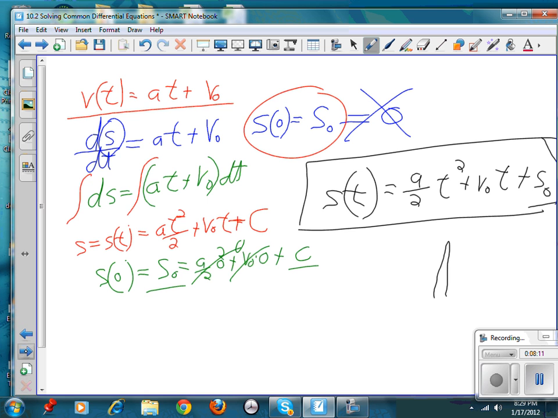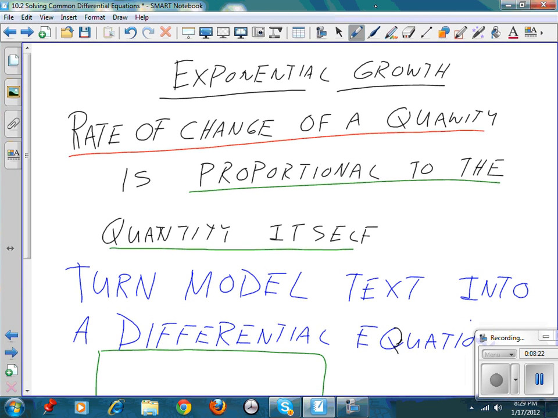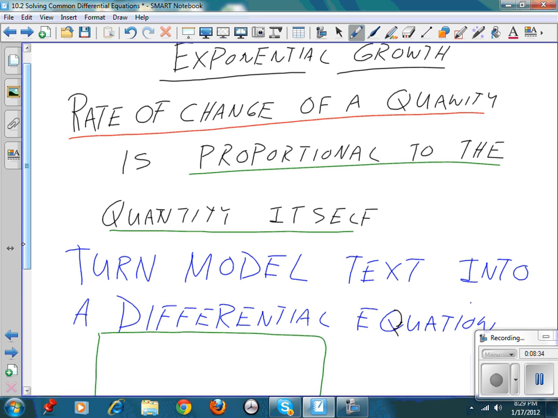Okay, the next thing we'll look at is exponential growth. And here we go. Exponential growth. Here I'm going to give you a verbal description of a differential equation. Exponential growth: the rate of change of a quantity is proportional to the quantity itself. Okay?